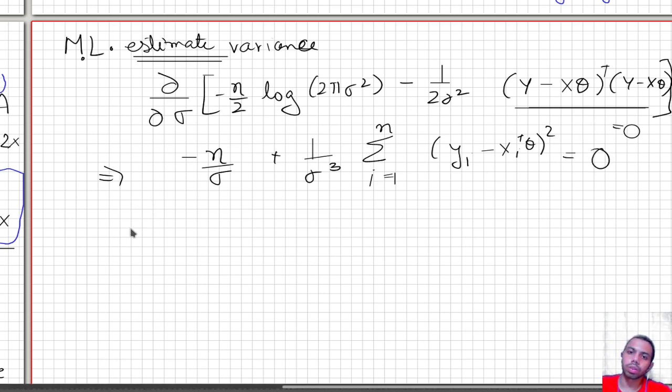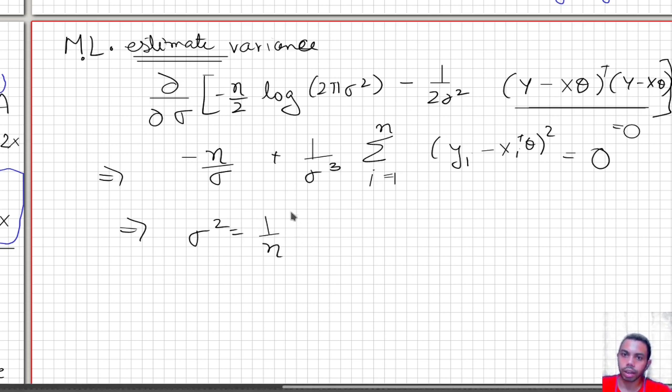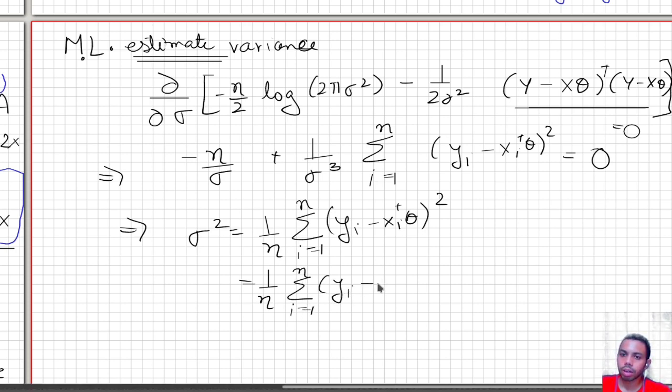This is equal to 0. Solving, we would get sigma square is equal to 1 by n summation i is equal to 1 to n, yi minus xi transpose theta, which is nothing but 1 by n summation i is equal to 1 to n, xi minus mu, whole square.